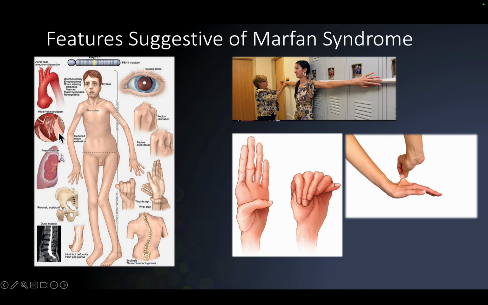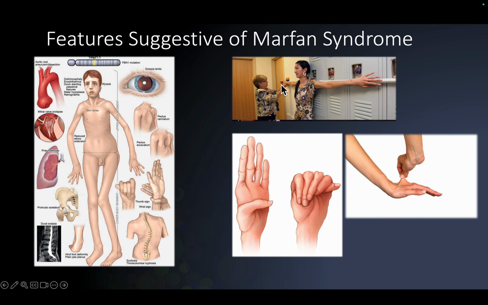Other features include mitral valve prolapse, like we had in our case, a tall build and pneumothorax, and there are other skeletal features which help us make a diagnosis of Marfan syndrome: pectus carinatum, pectus excavatum, signs of the hand and the wrist, and scoliosis.